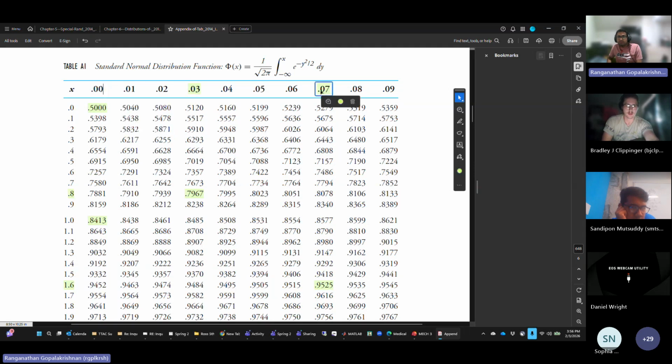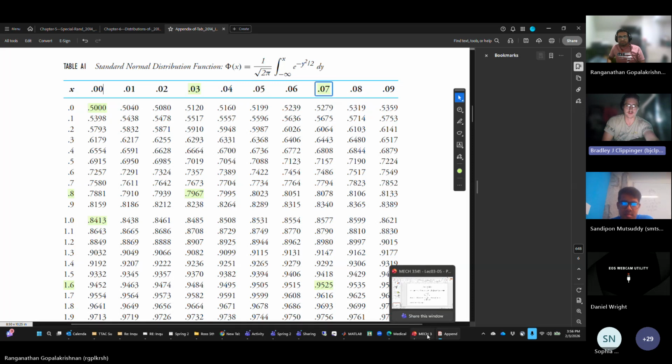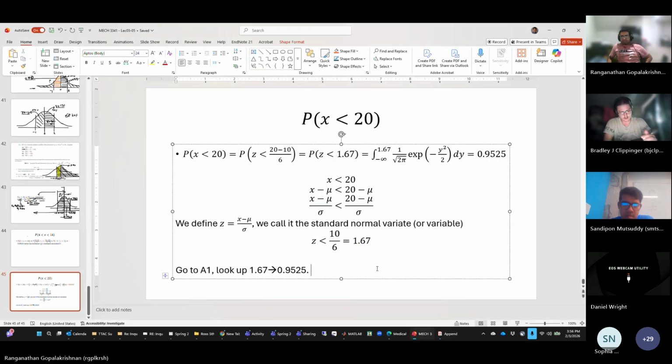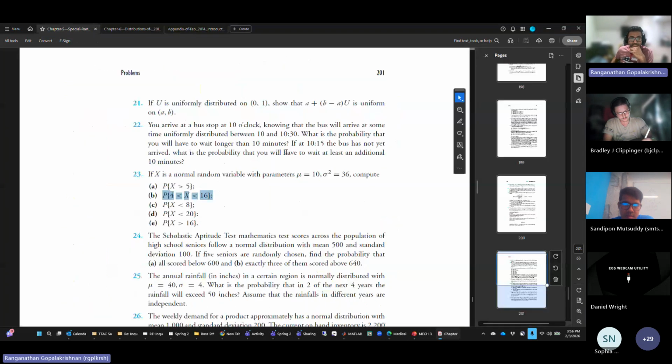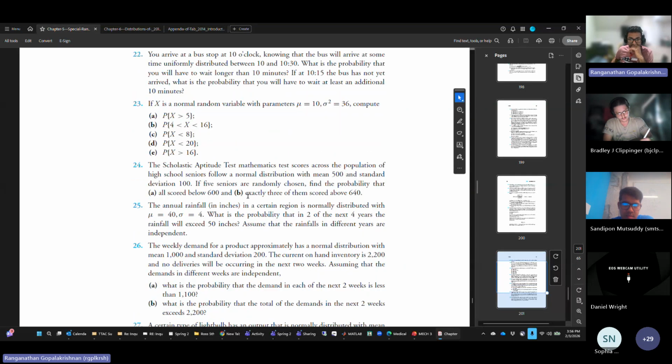Gotcha. So that top row represents the second decimal point. Thank you. Okay. All right. So I'll leave you to do the other parts as practice.